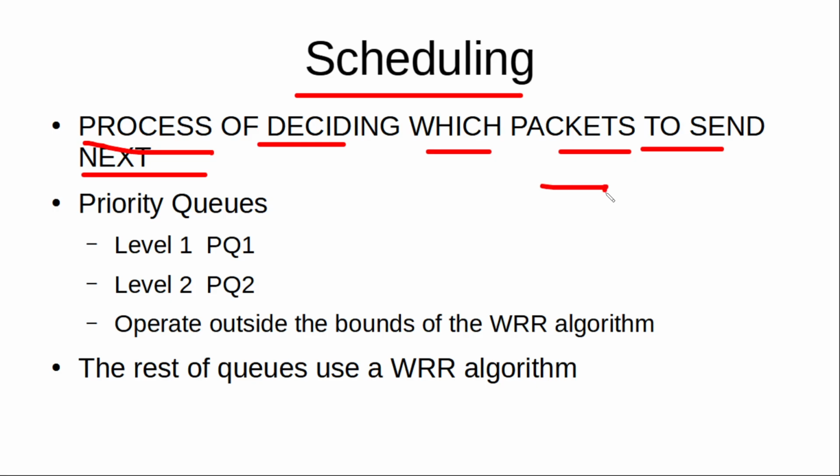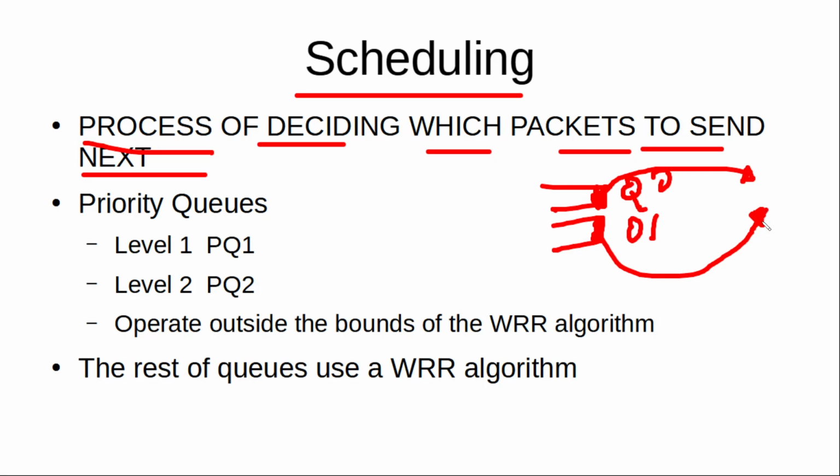So for instance, let's imagine that you have 2 queues, Q0 and Q1, and each of these queues has one packet ready to get sent into the line. Your scheduling will tell you whether this packet will go first or this packet will go first. That is why we need scheduling.